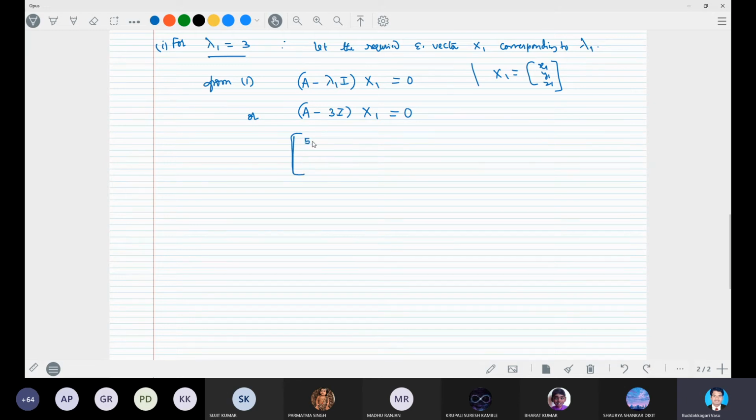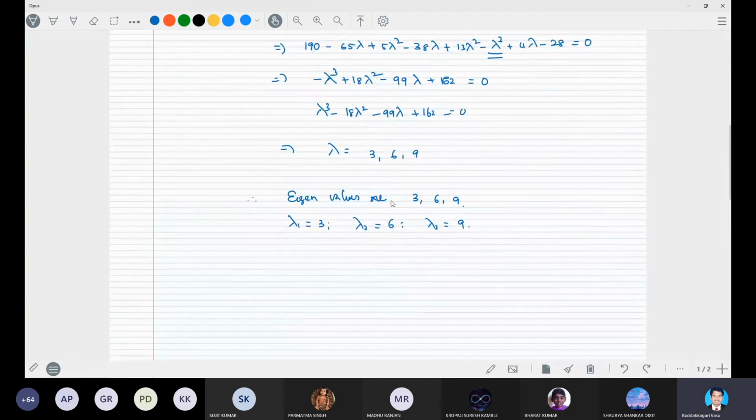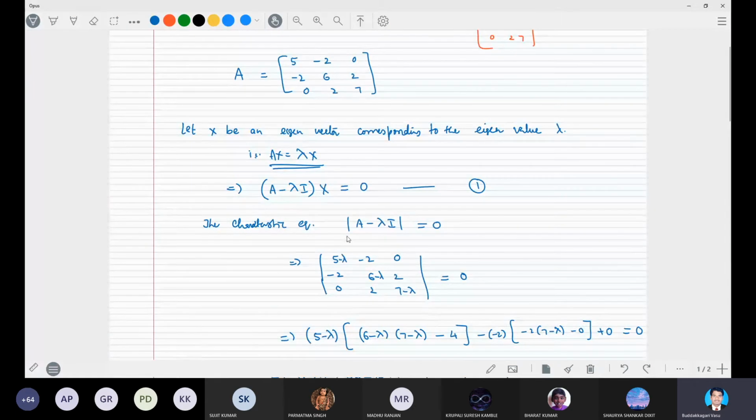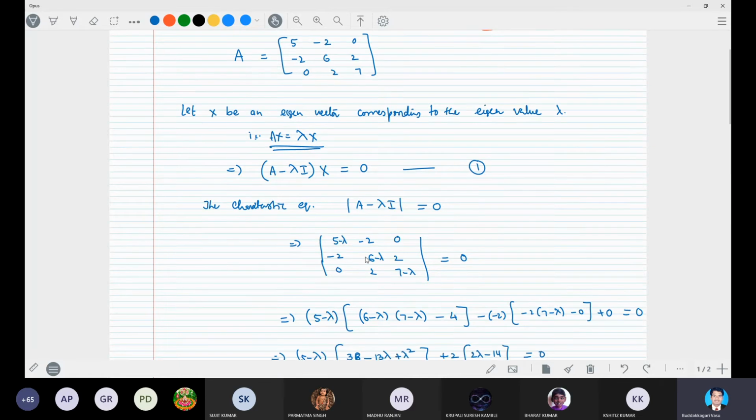A means how much is A? The matrix is this: 5, minus 2, 0. A minus lambda I is 5 minus lambda, minus 2, 0; minus 2, 6 minus lambda, 2; 0, 2, 7 minus lambda. Putting lambda is equal to 3, that is lambda 1.